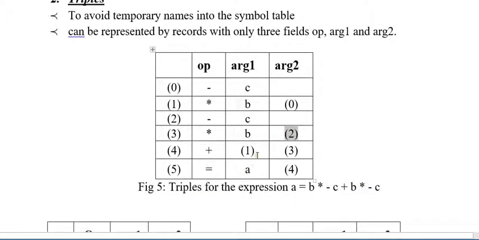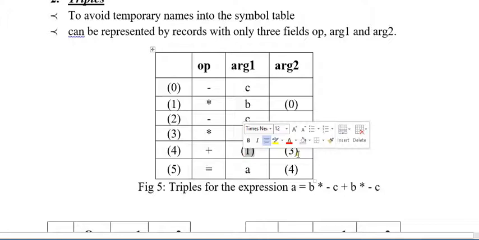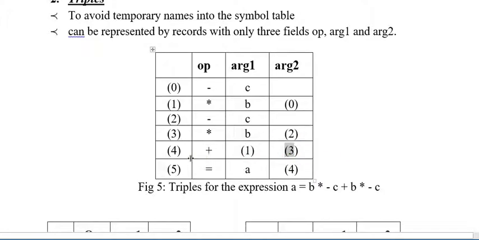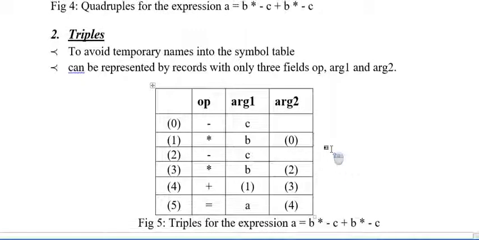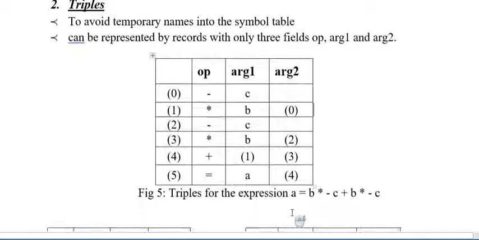Then the arguments T1 and T3 are added and the result is saved at index 4. Finally, the equals operation with A and T4 denotes A equals T5. So this is triples, where we directly use the index number instead of T1, T2 and T3.